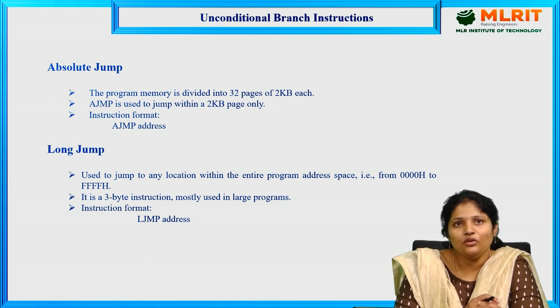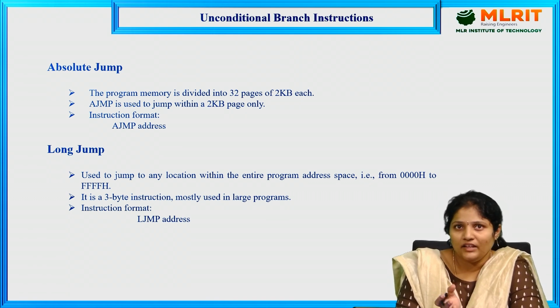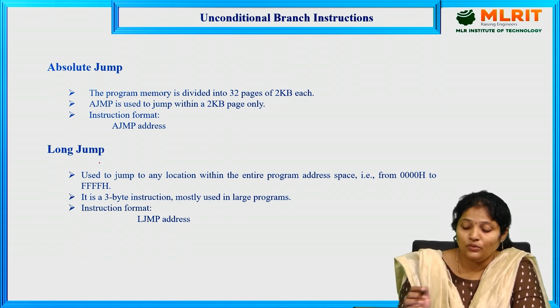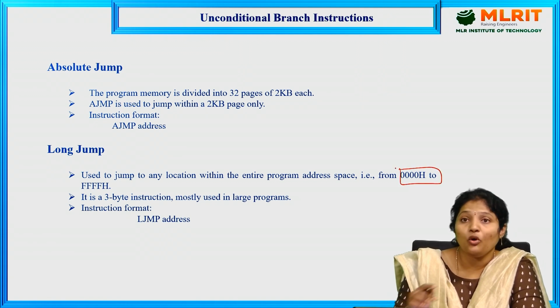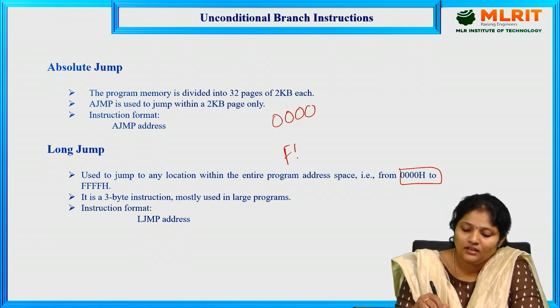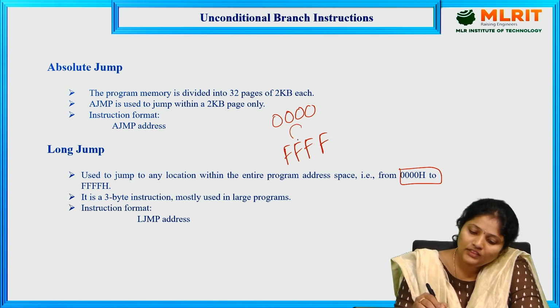Or else if I want to address a location beyond 2 KB, like I was working in the first page and I want to access data from the 31st page, at that particular time we will use the long jump. Using long jump, you can cover the whole memory. 8051 supports a 16-bit address line, so it can access memory from 0000 to FFFF highest.